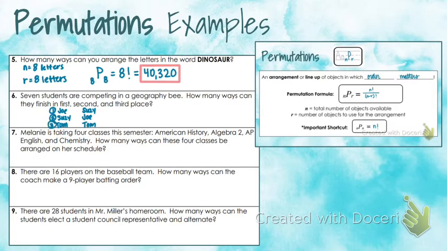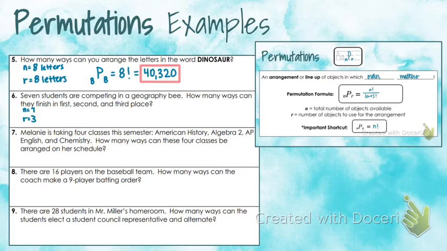Yes, they do, because that means we had different 1st, 2nd, and 3rd place winners. So that's why it is a permutation. So n is how many we have to choose from. There are 7 students, so n equals 7. R is how many we are choosing. We're choosing 1st, 2nd, and 3rd, so we are choosing 3 students.